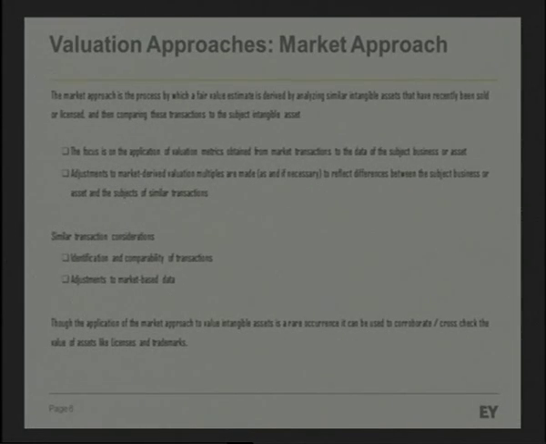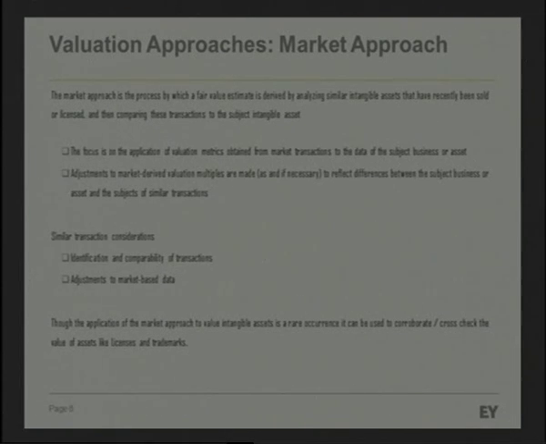However, if you take an example of, say, the pharma sector, and maybe Dr. Rao can add more on that, it is very difficult to find a closely comparable patent wherein you can apply a market approach on the valuation of your pharma company's patent, because they're very unique. The R&D that goes into it is very unique.